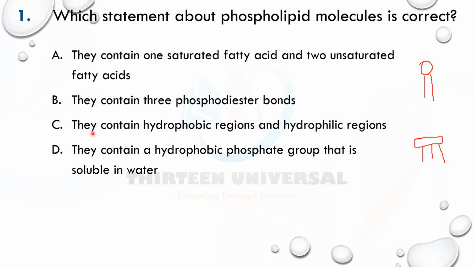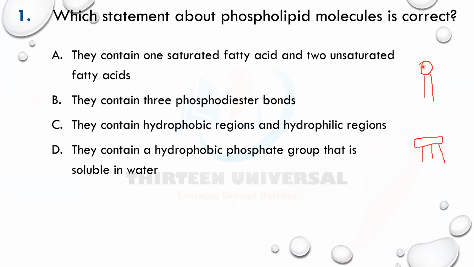What is correct? So C says they contain hydrophobic regions and hydrophilic regions. Yes. So this is the head. The phosphate group is hydrophilic, water loving. While the tails are hydrophobic, water hating. So they move away from water. This points towards or faces water, the hydrophilic head. So C is correct. But let's check D. They contain a hydrophobic phosphate group.